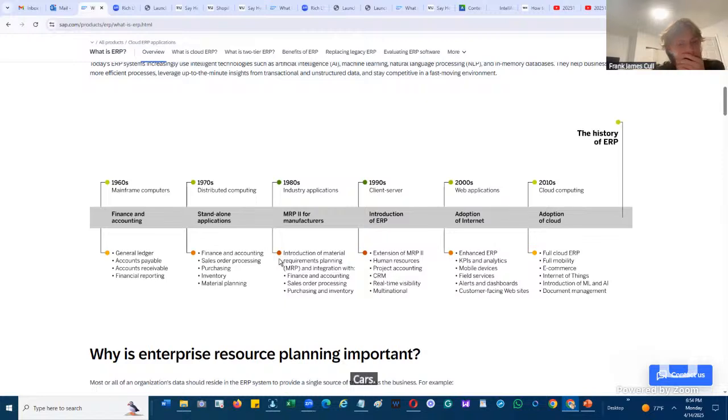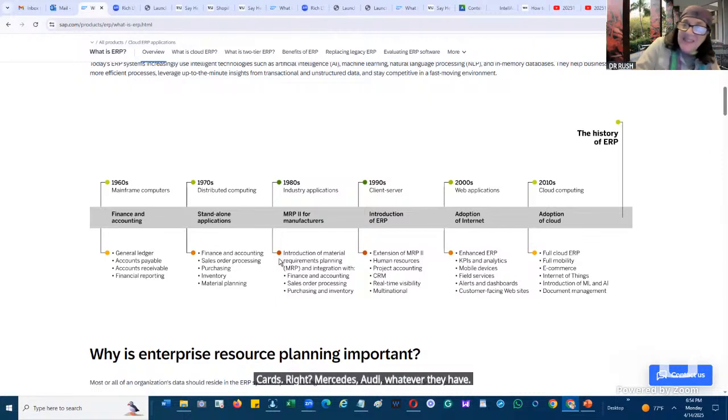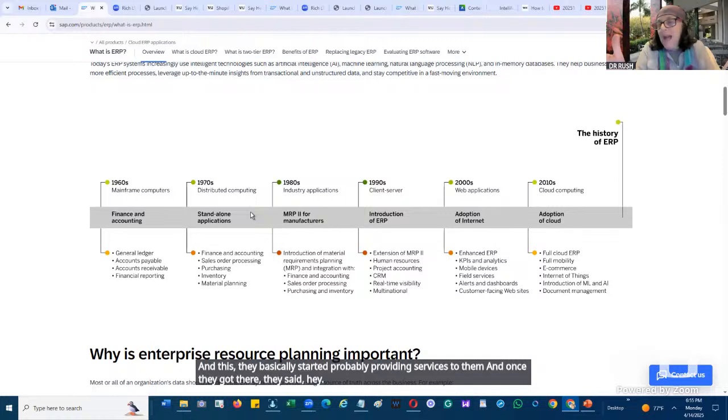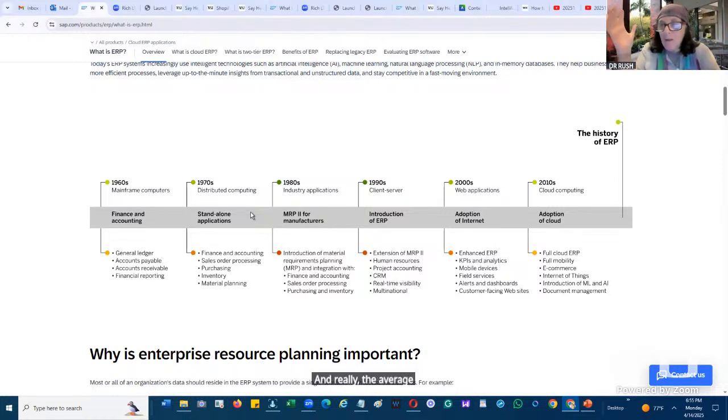Yeah. Mercedes, Audi, whatever they have, they're really great in that. And they basically started probably providing services to them. And once they got there, they said, hey, we can do this, we can spread out. And really, the average American, when they think about software, they don't think about Germany. I don't. You probably don't either, right? This is where they excel.